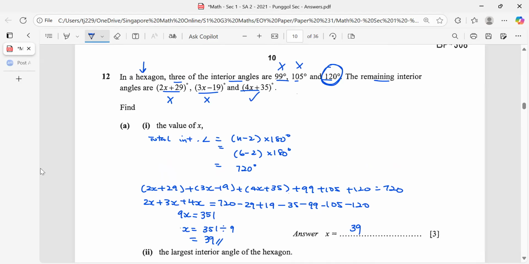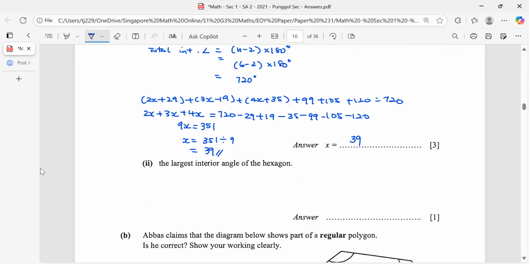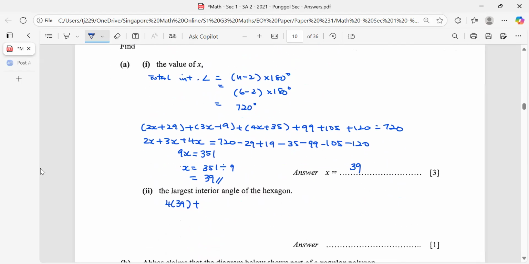So what I'm going to do is I'm going to sub the value of x equals to 39 into 4x plus 35, see what it leads to, and compare with 120 degrees to see which is the greater angle. So let's see. Plus 35.